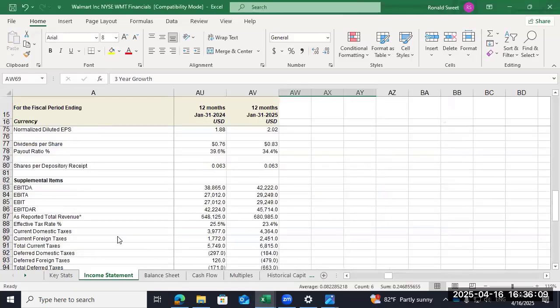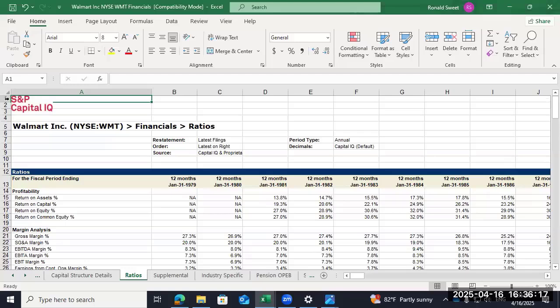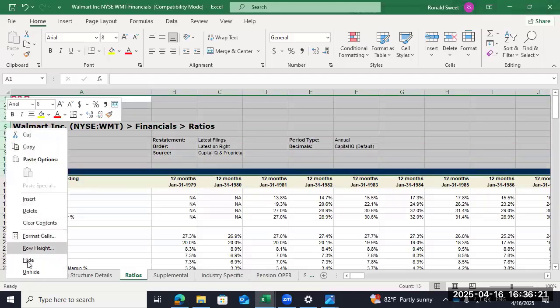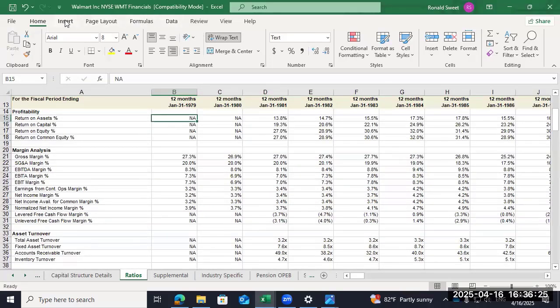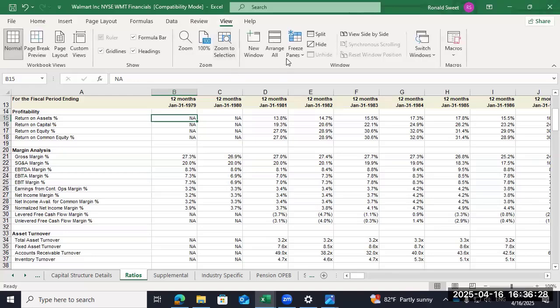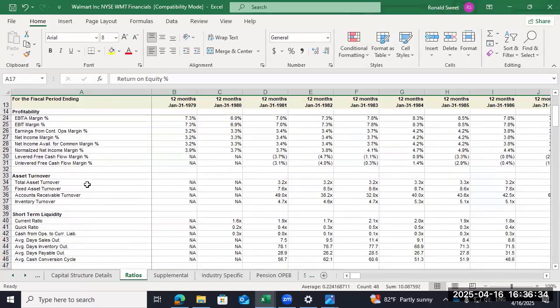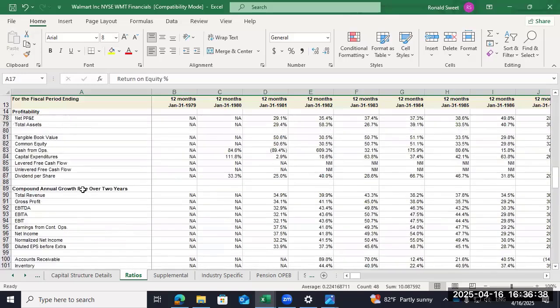So if we go into Capital IQ, we go under ratios. There's your ROE right there. Now the payout, we'll have to go find the payout. I don't know if they have payout on here or not.